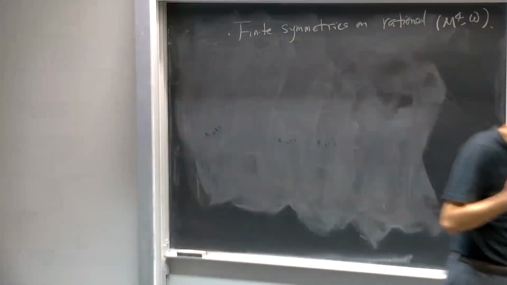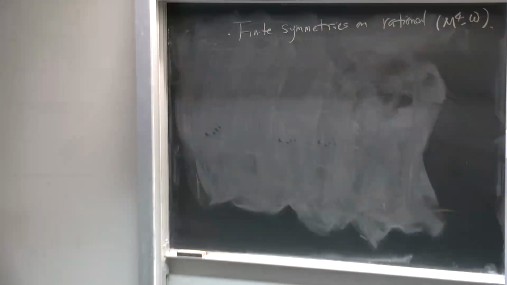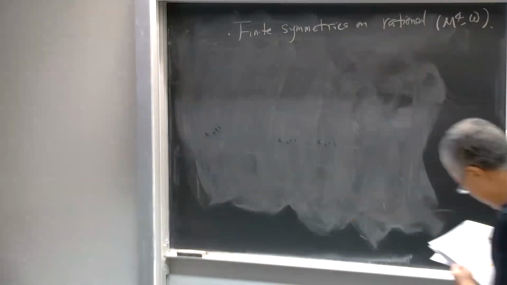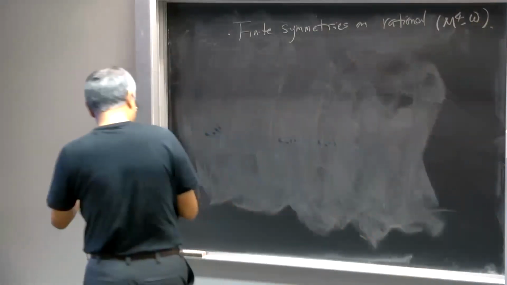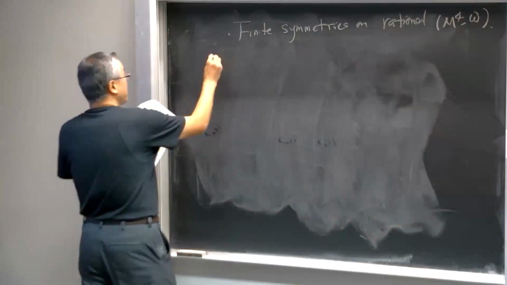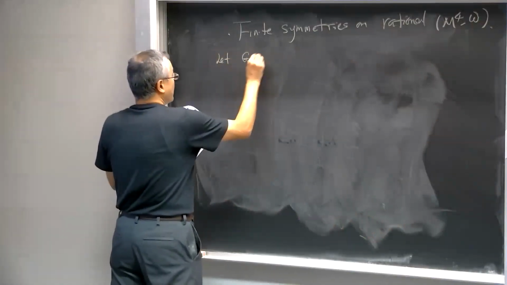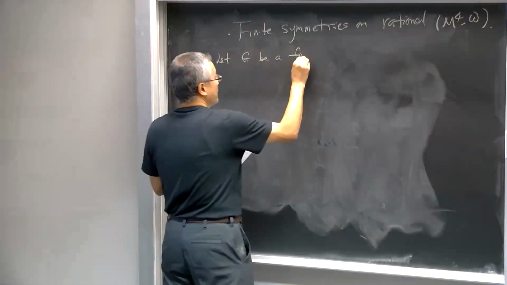So what this means is finite group actions, symplectic actions on rational surfaces. We have a finite group.